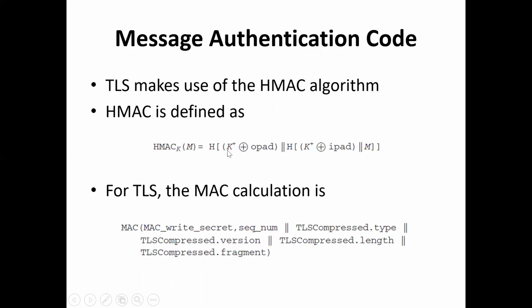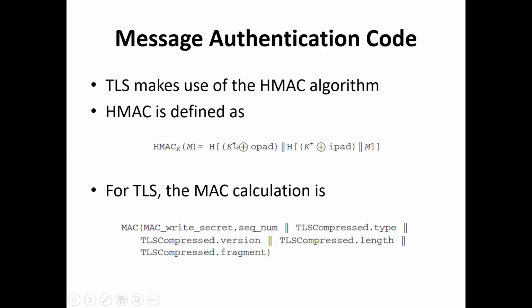Whatever the result we're going to get, it is equal to the block length of the hash code. That's why we pad zeros at the left of the secret key, so that the result is equal to the block length of the hash code. Normally the block length is how many bits? 512 bits.